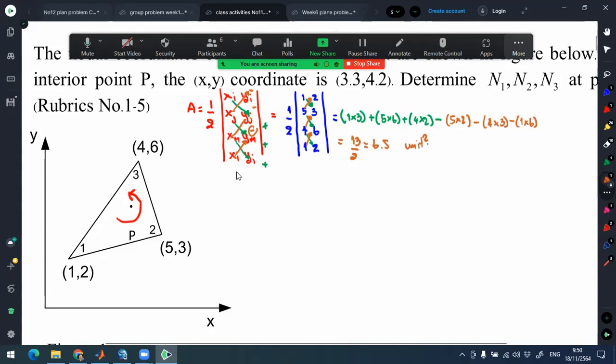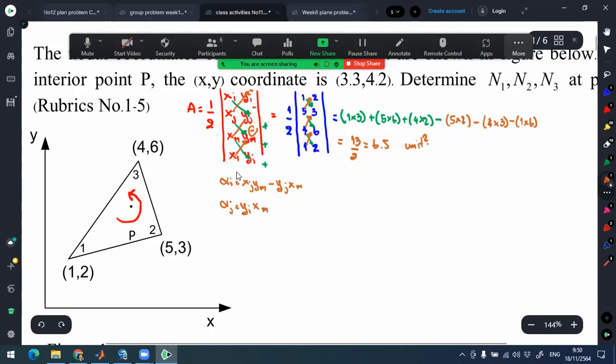Then we would like to determine the shape function. We have to determine alpha, beta, and gamma first. Alpha i is equal to xj ym minus yj xm. Alpha j is equal to yi xm minus xi ym. Alpha m is equal to xi yj minus yi xj.